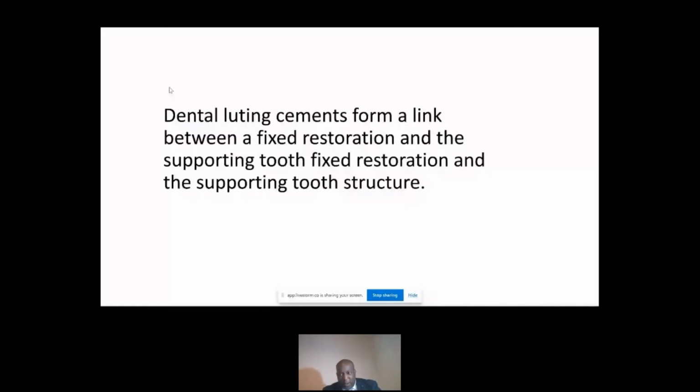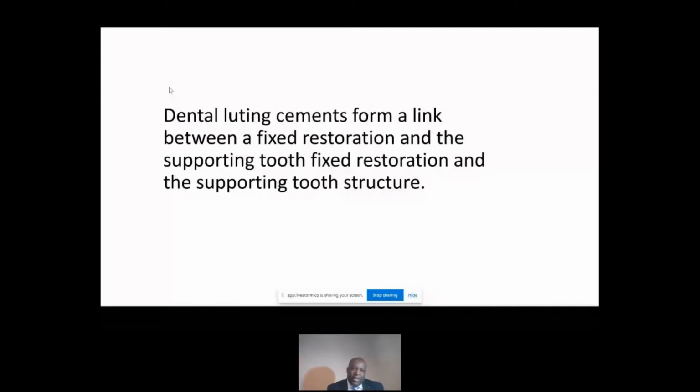Why is that? Well, dental luting cements must set in the mouth and change from a fluid state to a hard state. And that process has to take place in minutes. And it has to be biocompatible.